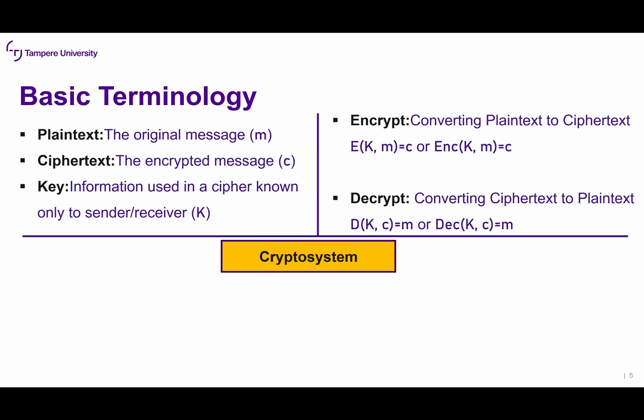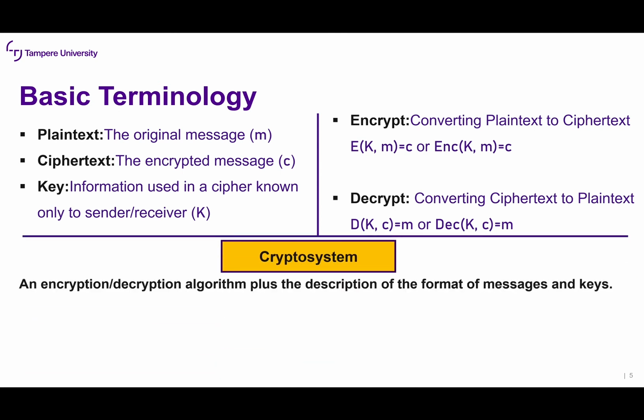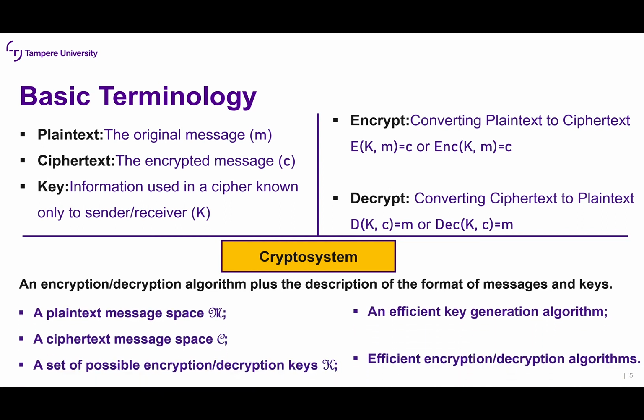Good. Now, what is a crypto system? So a crypto system is an encryption decryption algorithm plus the description of the format of messages and keys that can be used by Alice and Bob. Okay, so we have a plaintext message space, usually because this is a set, sets we denote with calligraphic letters. So a plaintext message space M, which is basically all the possible messages that Alice can generate.